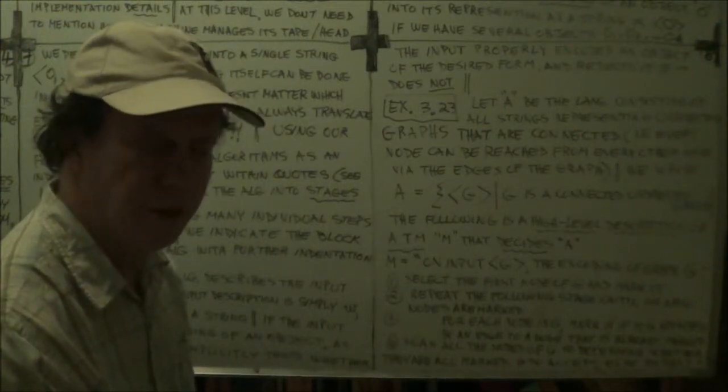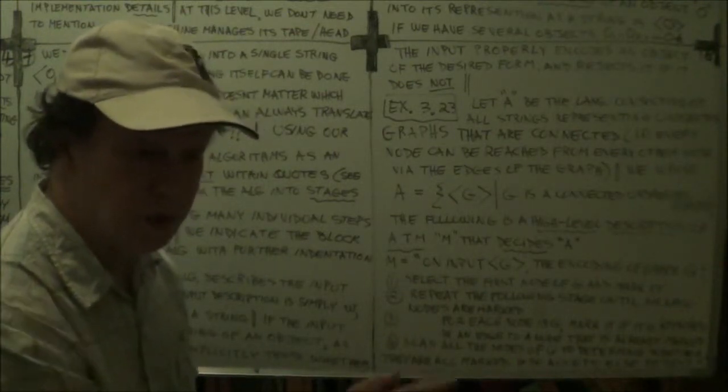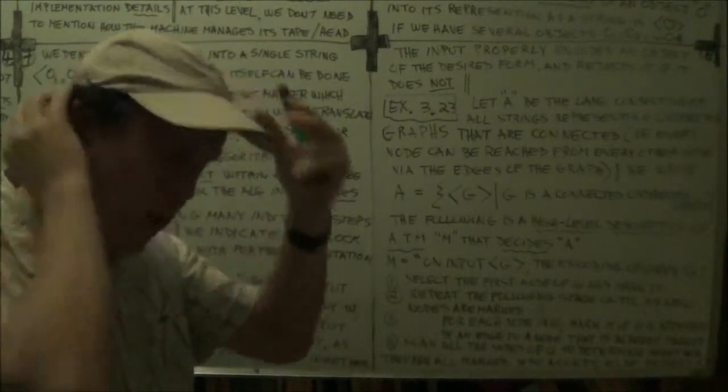It means that every node in the graph can be reached from any other node in the graph. Reached means there's a path from any node to any other node.